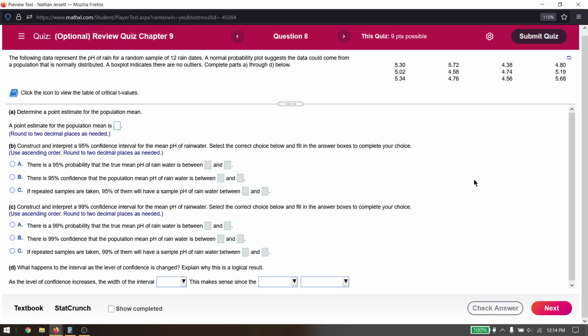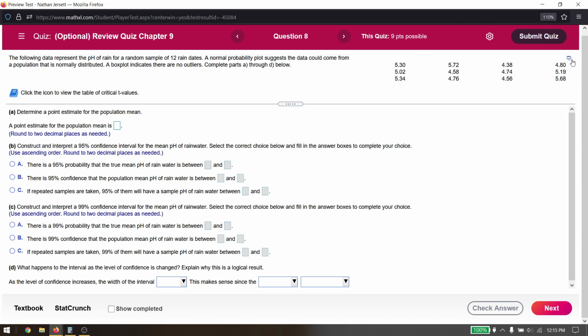All right, we have pH of rain, 12 samples, and a normal probability plot suggests that data could come from a population that is normally distributed. So we can use everything we have been using because we're assuming that the population is normally distributed, and we only have a sample size of 12, so we have to have that in order to use confidence intervals or anything.